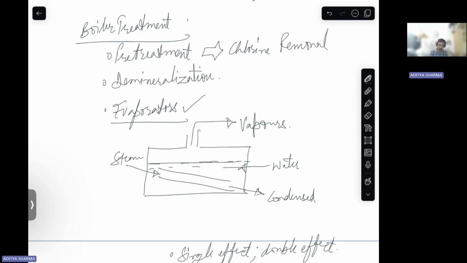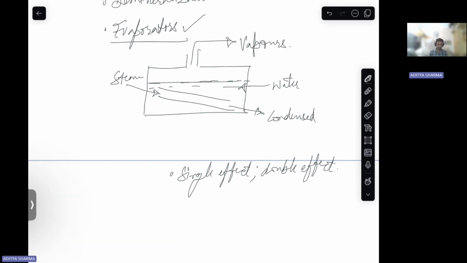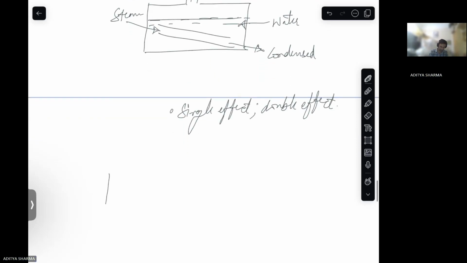The outlet vapors of this evaporator will act as inlet for some other evaporator. This series goes on till we get the quantity of vapors we need, right? So this is your evaporators. I hope you have understood.